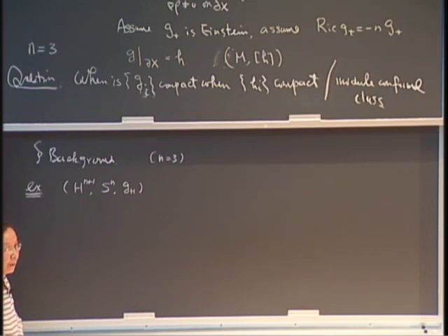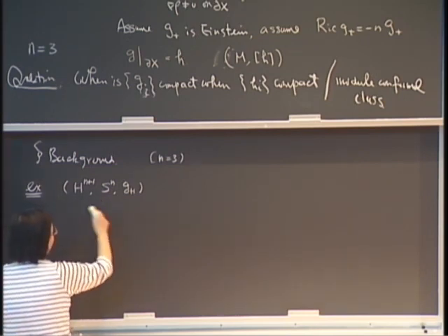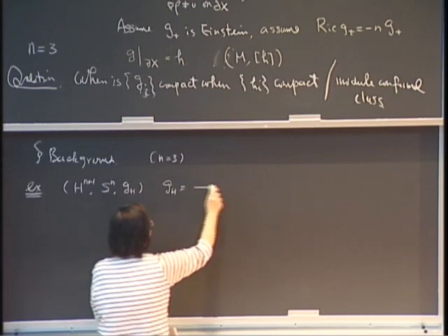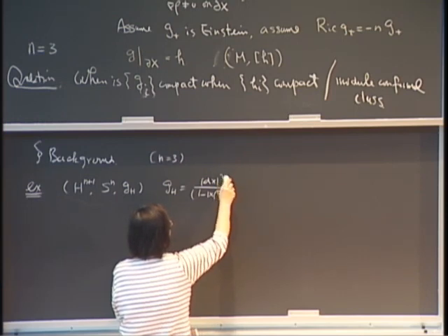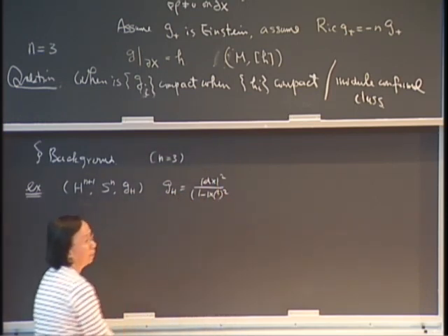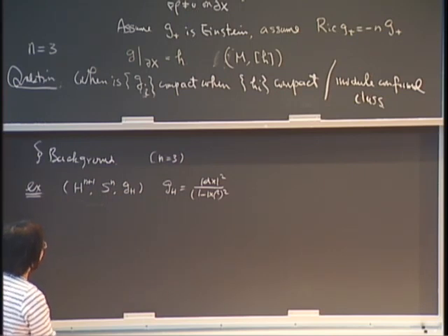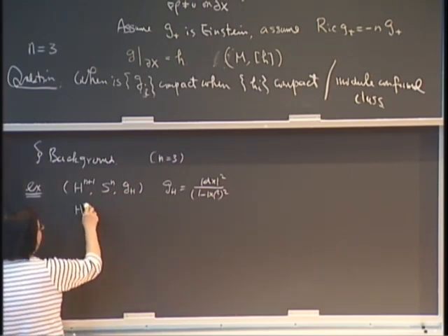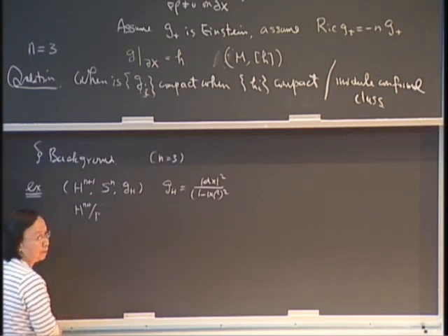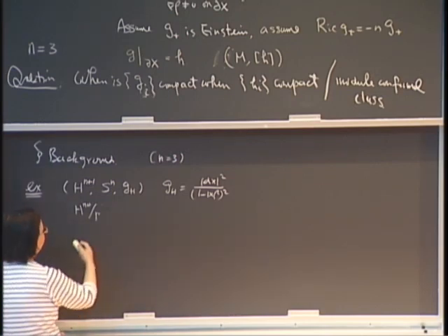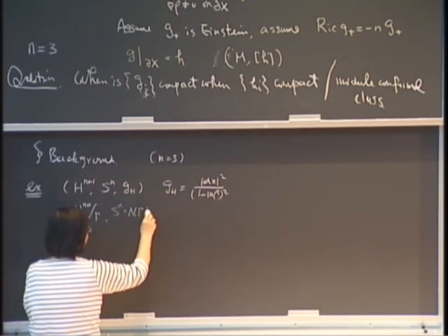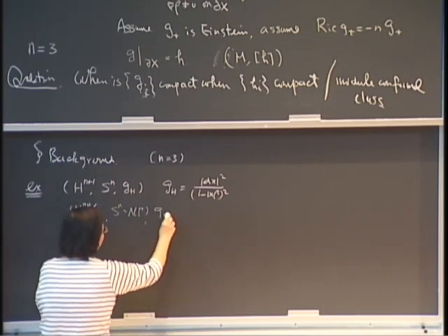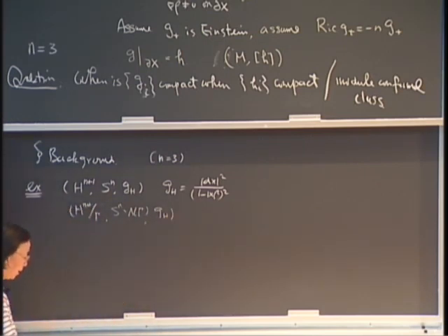If you think about GH as equal to (1 minus x squared) dx squared, the hyperbolic ball, then you multiply by this distance function, it becomes flat and compact. And then you also have examples of quotients by a group. In that case, the conformal infinity is Sn minus the limit set of this group. So there are lots of examples, and then there are other more sophisticated examples, which I will not mention here.